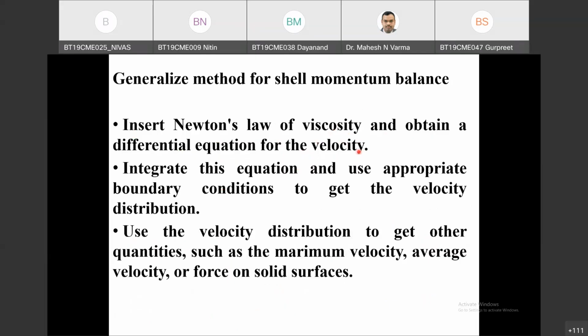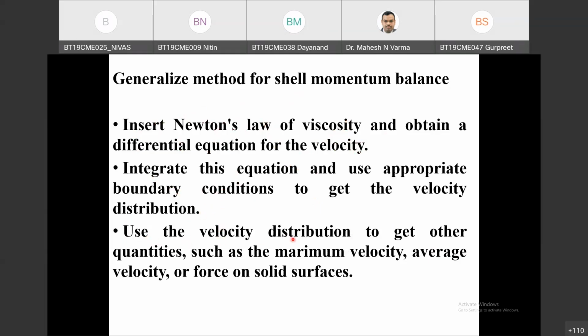Here velocity is related to location, so Newton's law of viscosity. Then integrate this equation and use appropriate boundary conditions to get the velocity profile equation. If I don't have a flux boundary condition, then we'll be using Newton's law of viscosity, and there we'll need two boundary conditions for velocity.